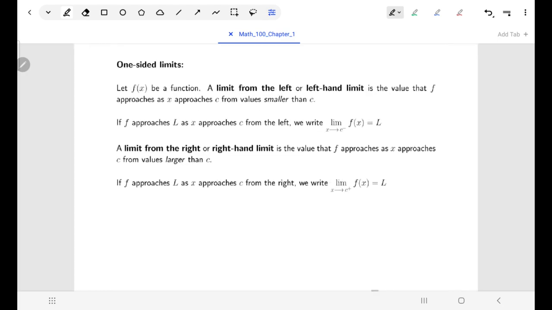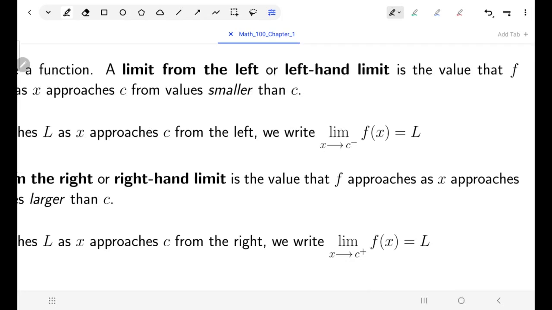So the notation that we have there is approaching c from the left, we put a little superscript of a minus. So this doesn't mean that the number is negative. It just means we're approaching that number from slightly smaller values.